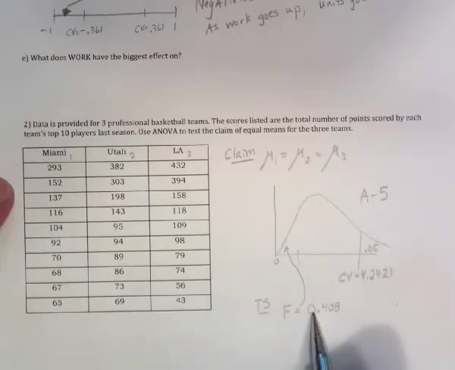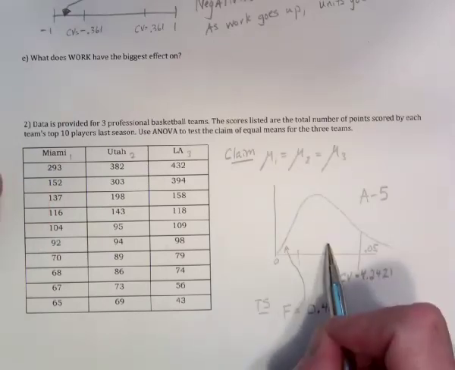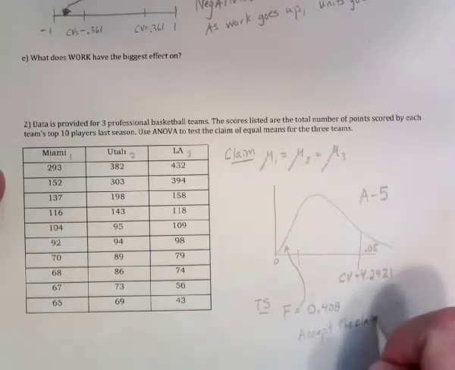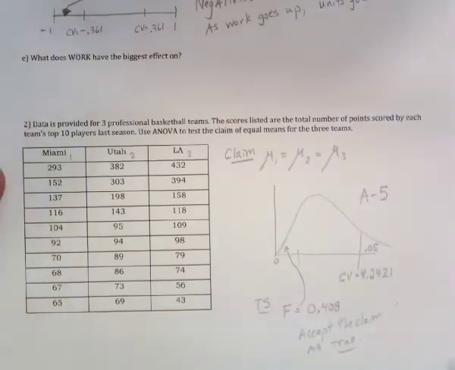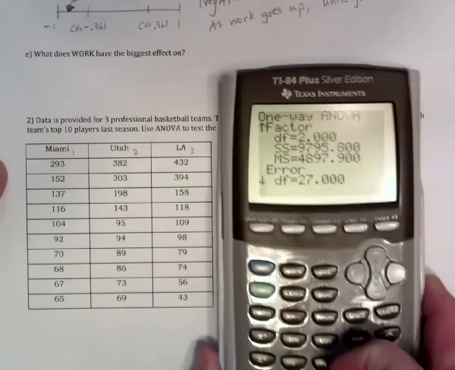If this would have been like a 5.4, then it would land over here, and then you could say, no, they're not the same. There's at least one team that's different than the other two. And if it were to land in the middle, then you can say, fail to reject, we weren't able to prove anything. All right, so this one, accept the claim as true. The three teams seem to be equally good, at least based on this data.